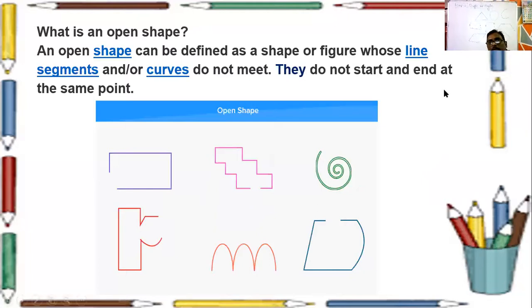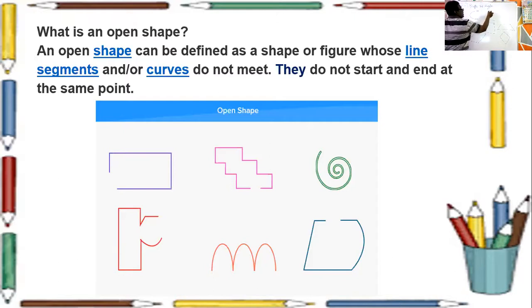An open shape can be defined as a shape or figure whose line segments or curves do not meet. They do not start and end at the same point. See, suppose parabola, initial point and end point will not meet.